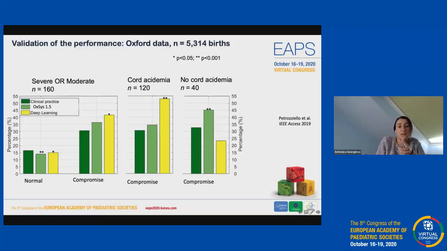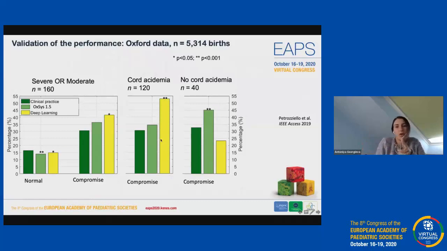This is where we didn't have so many babies for training, reason number one, but also reason number two, they are very heterogeneous, they are less visible in the CTG. You can see the deep learning model is pretty much failing here. The yellow bar is not doing very well. On the other hand, for the ones that have acidemia, severe compromise or not, this is now a tangible sensitivity improvement. This is the kind of improvement we want to see as we progress further with developing methods.